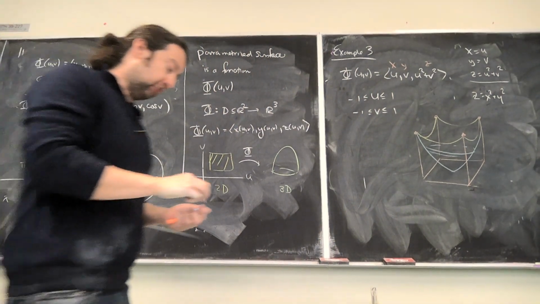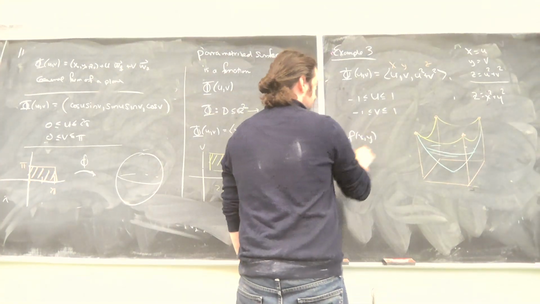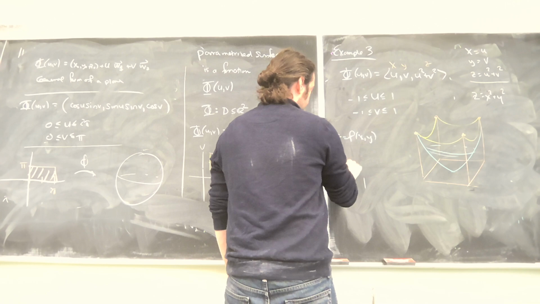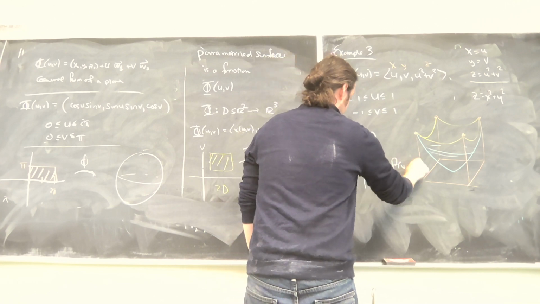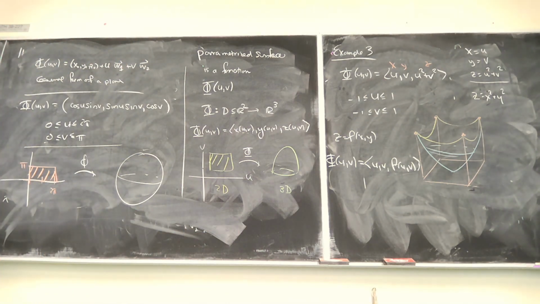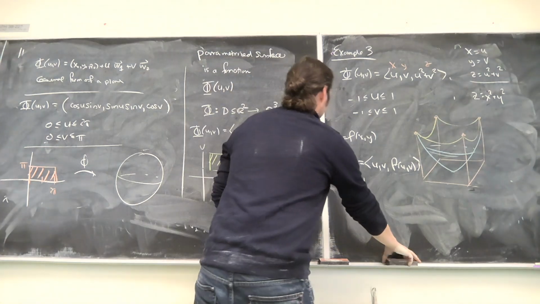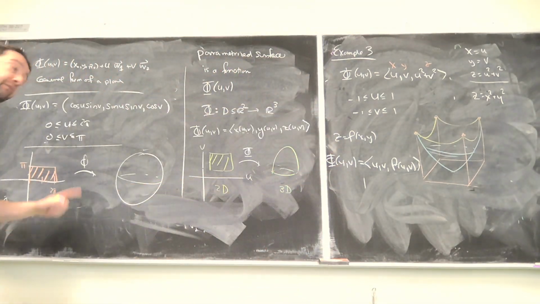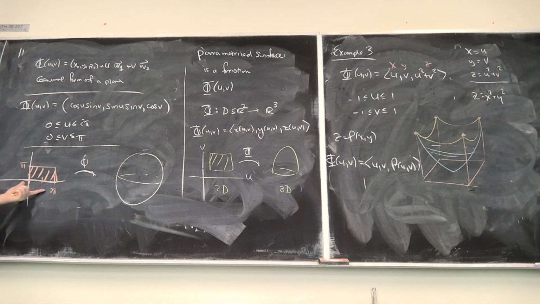Okay, so the general idea here is if z is equal to f of x and y, you can always parameterize that as phi of u and v equals u, v, f of u and v. The big picture with parameterized surfaces is that this gets us a way of thinking about 3D surfaces as the images of 2D things.